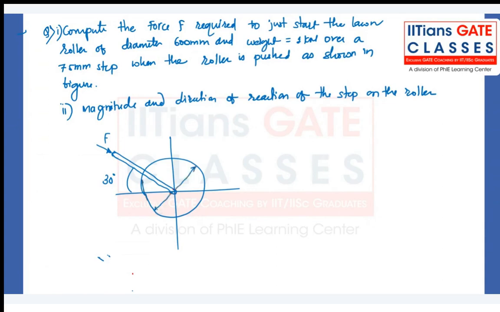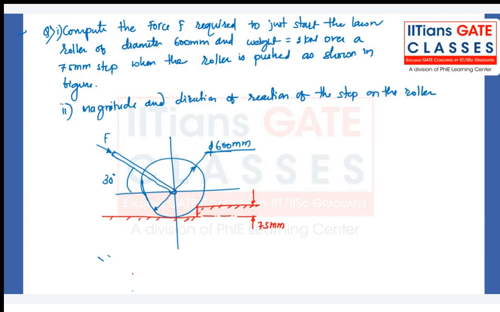Okay, and it is on the step. So this step is 75 mm.